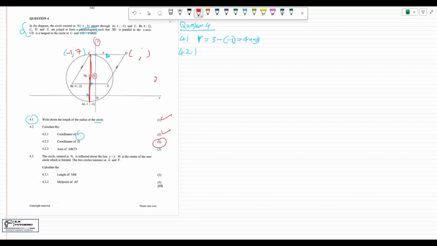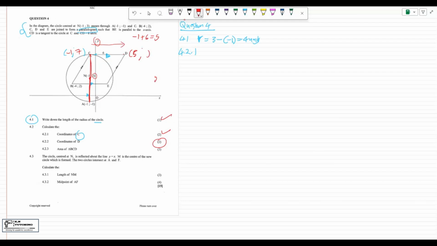Okay, so if my coordinates here are -1 and 7, and I move 6 units to the right, I'm moving in the horizontal, so I'm looking at the x-axis. My x value is -1 at C, then I need to move 6 units to the right. So it's going to be -1 plus 6, which is going to give me 5. So automatically my x value here is 5.